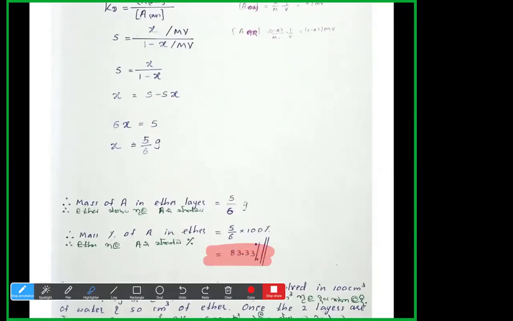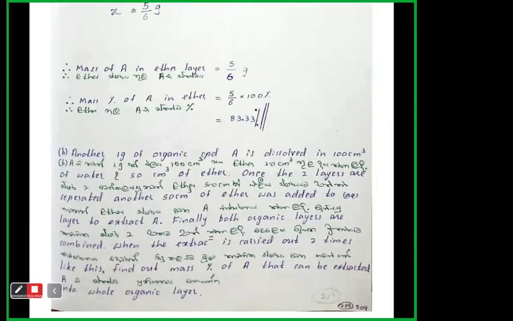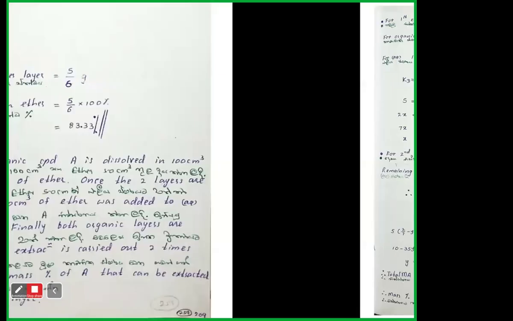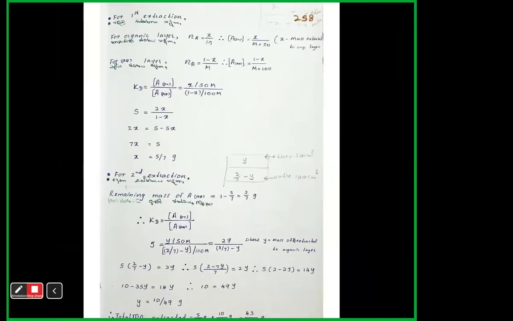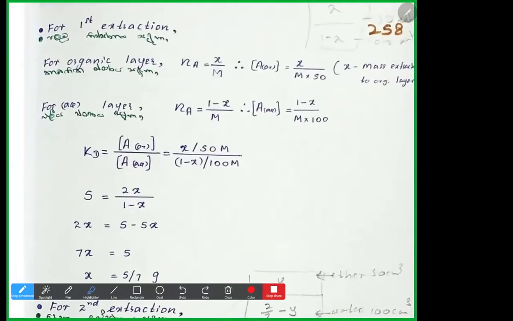Let's see if we divide that ether into 2 different portions of 50 cubic centimeters, then what's going to happen? Again, X amount goes to the ether layer, and 1 minus X remains in the aqueous layer.